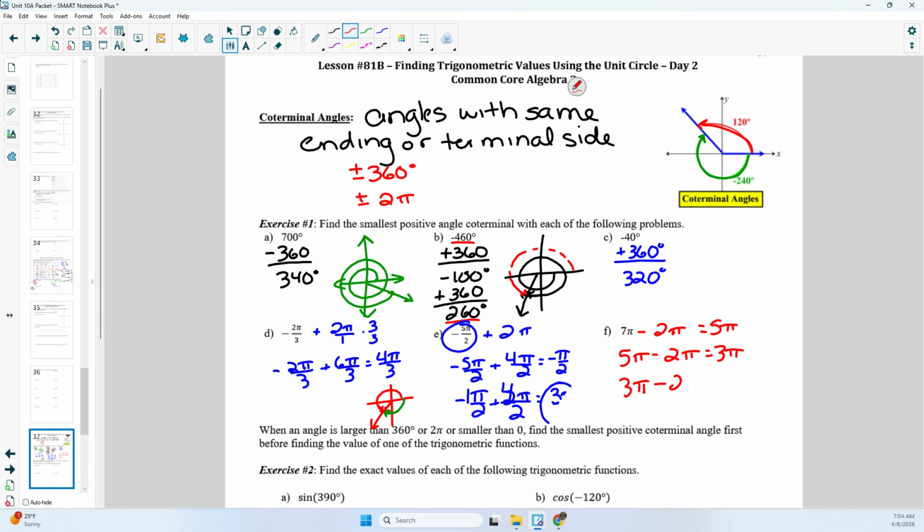But that's the idea, we just keep going. Now, if I recognize that I need to subtract multiple 2 pi's, I could just subtract 6 pi, knowing it's 3 2 pi's. But ultimately, 7 pi, 2 pi, 4 pi, 6 pi, 7 pi is coterminal with pi.